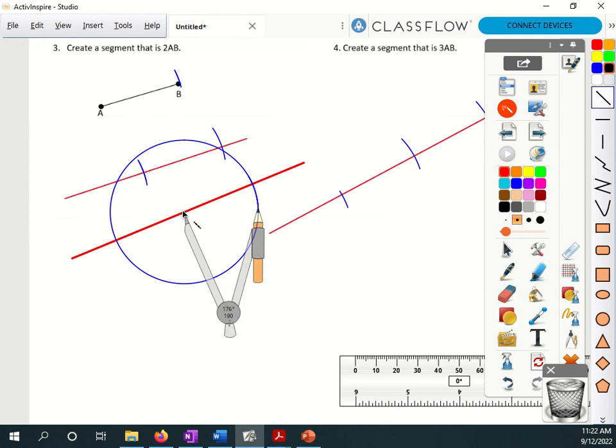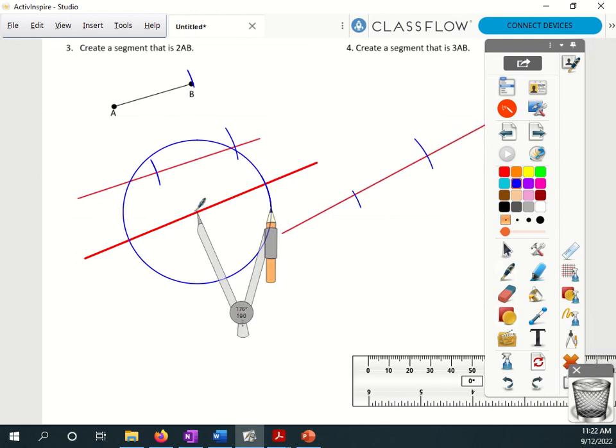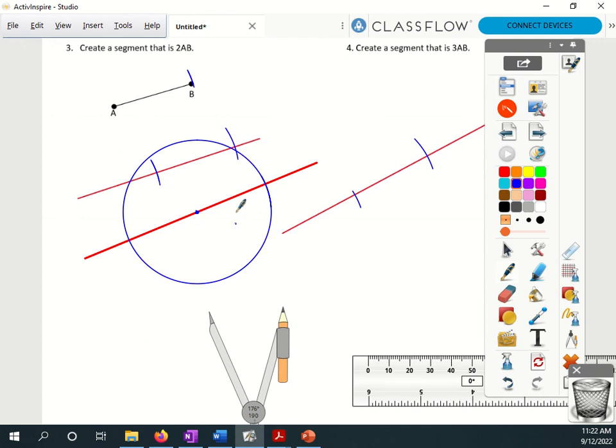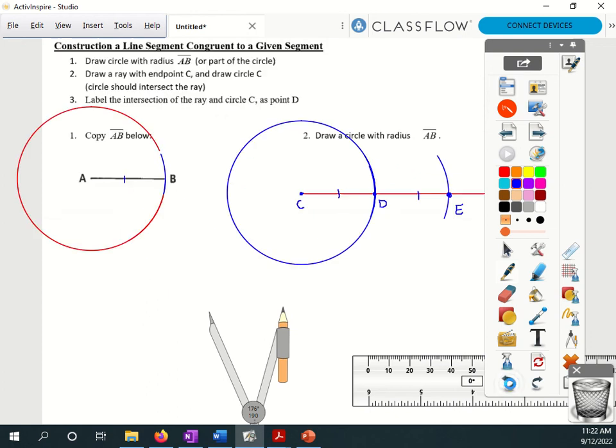And as long as you know where the middle is, right, this side is a radius and that's a radius, so they're automatically double. So kind of an interesting way to think about that one.